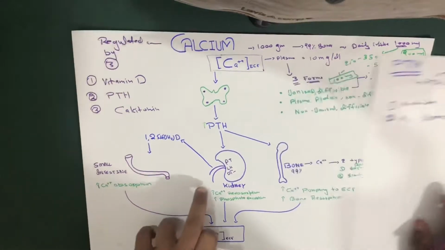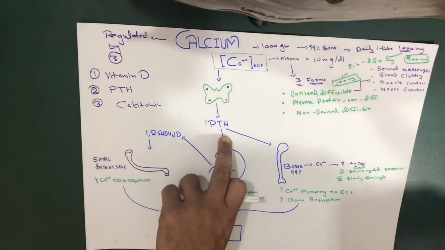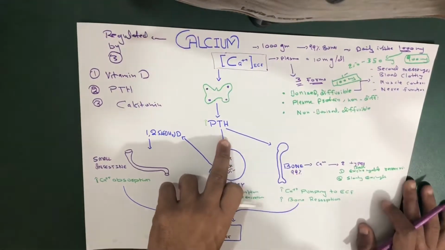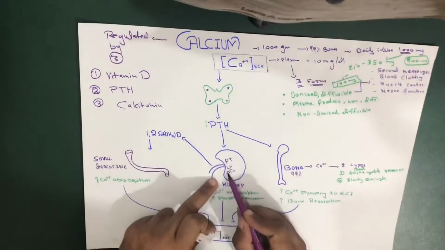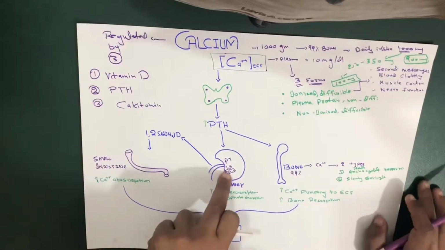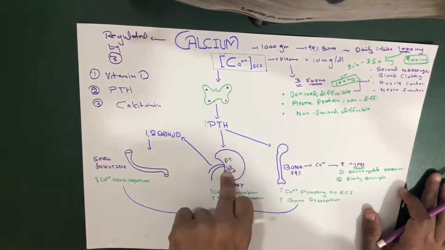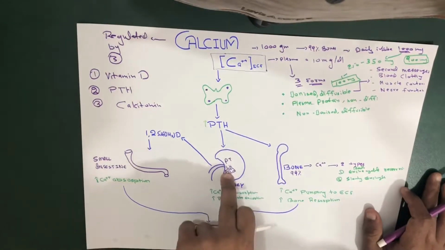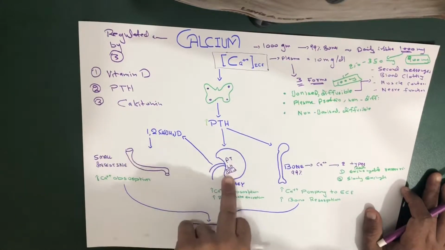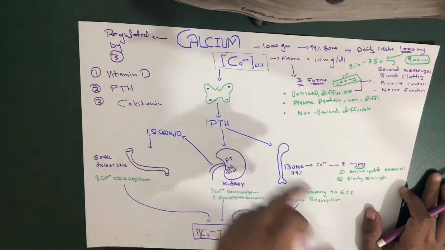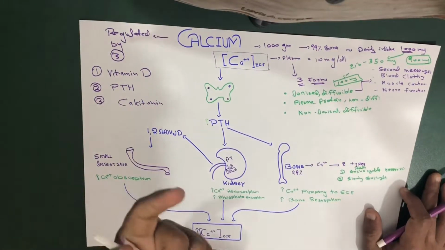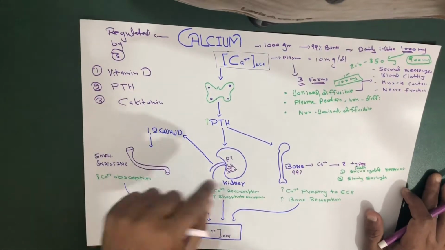And if you talk about the kidney, parathyroid hormone increases the absorption of calcium from the distal convoluted tubules. Remember this, distal tubules. It also increases the formation of 1,25-dihydroxy vitamin D3 in the kidneys.